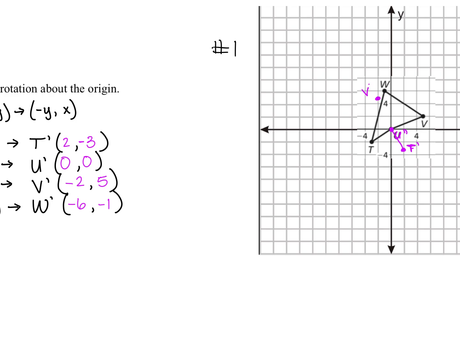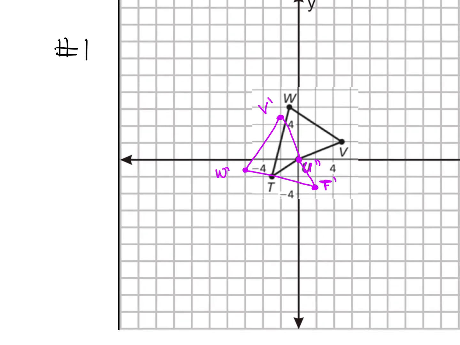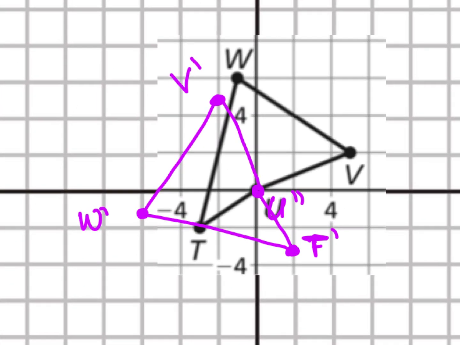This is my V. Connecting my dots. And then W is -6, 2, 4, 6, -1, which is down here. And this is what your graph should have looked like. Do we have any questions on these? So let me zoom in for you. This is, for the most part, what it should have looked like.